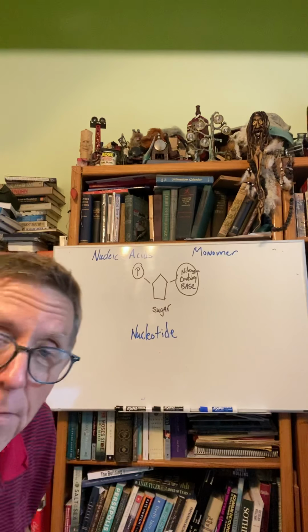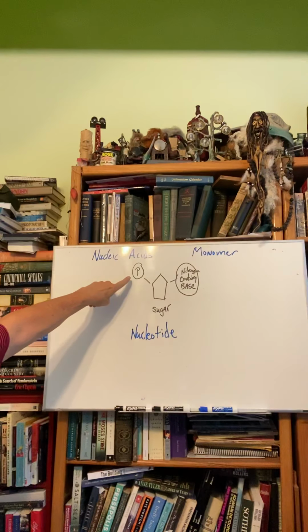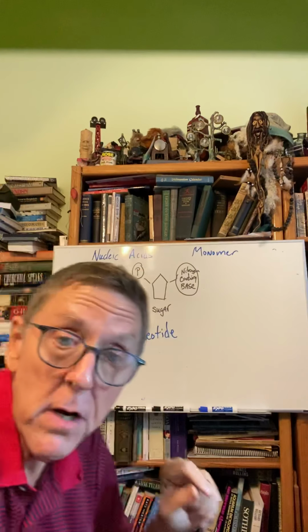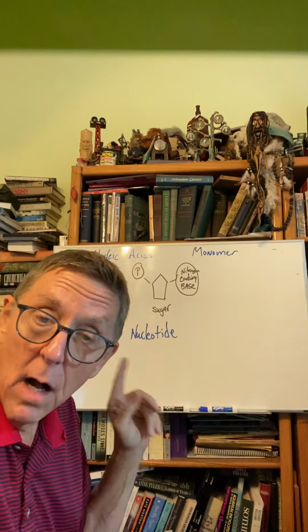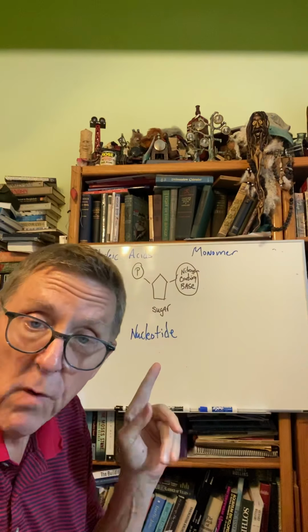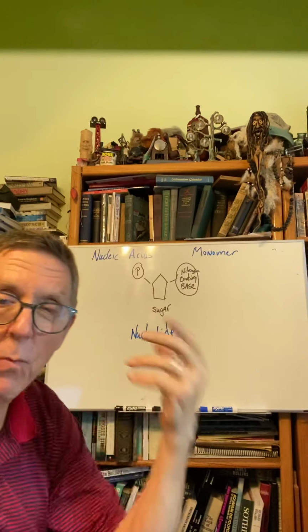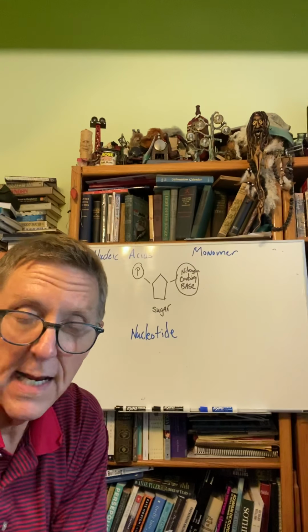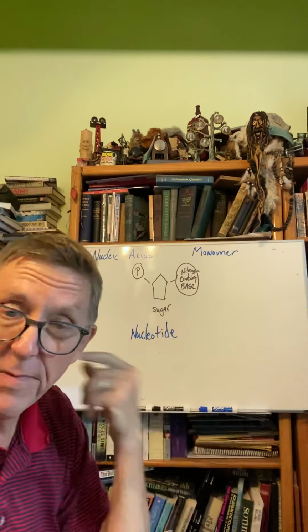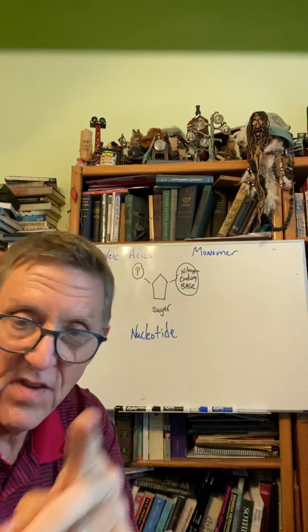The monomer for a nucleic acid contains a phosphate, that's what that P stands for, a sugar, a ribose or deoxyribose sugar, and a nitrogen-containing part, what we would refer to as a nitrogen-containing base. And we'll talk about A's and T's and C's and G's.